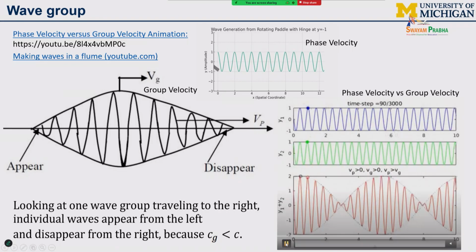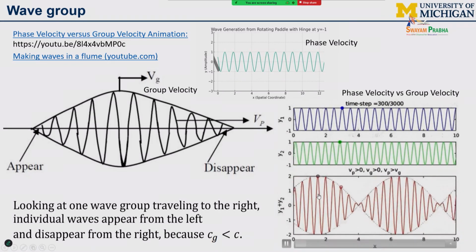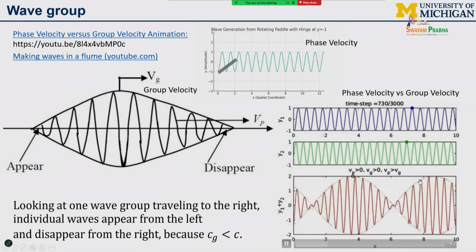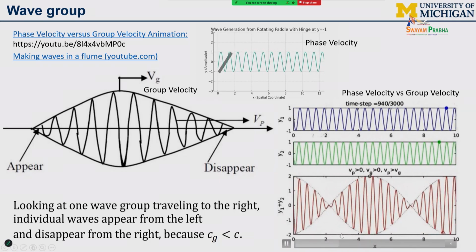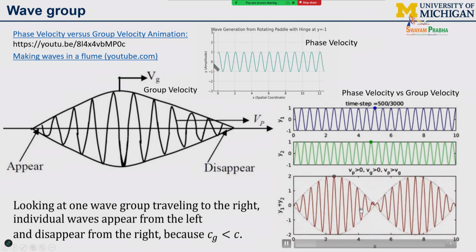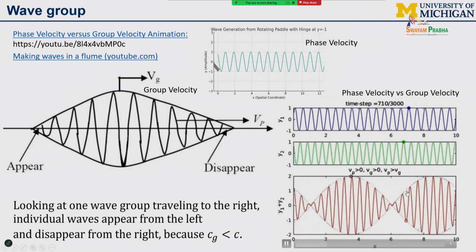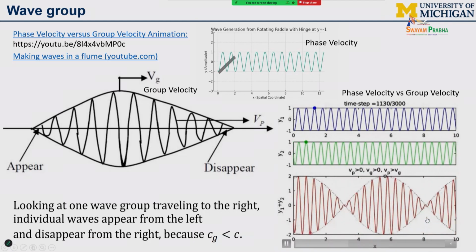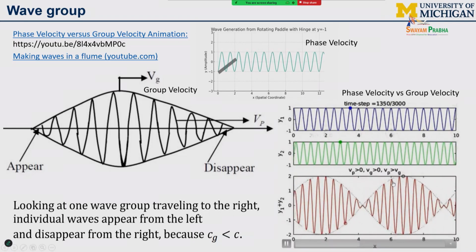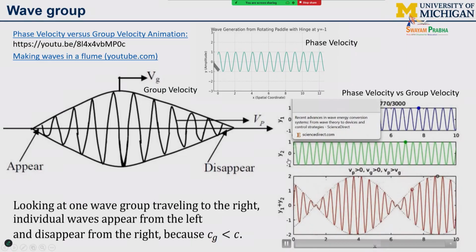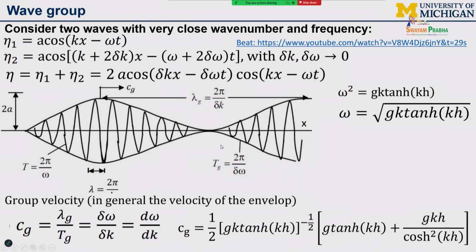Take a look at here. The black dot shows the envelope moving, right? And take a look at the red dot: the speed of this point's motion is called the phase velocity, and the black dot, the envelope motion, is called the group velocity.